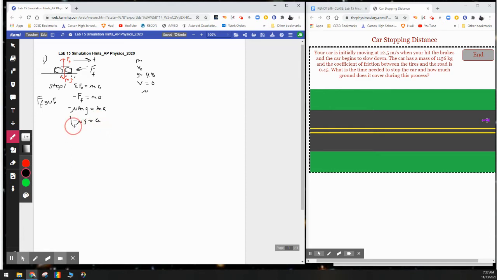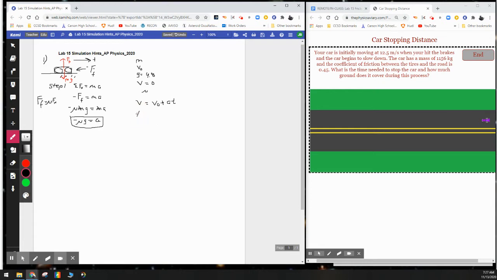Once we have our acceleration, then we can use our kinematic equations to find what we need. We need final velocity equal to v0 plus at. Remember, a is going to be negative, so make sure we put a negative in here for a. Then it asks how far it covers. We can do two things.